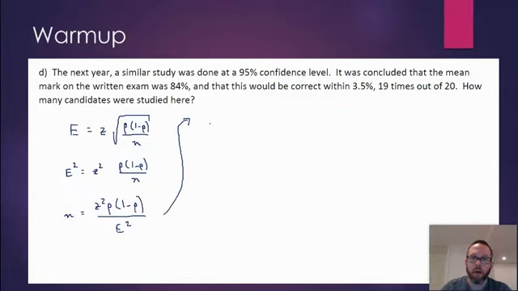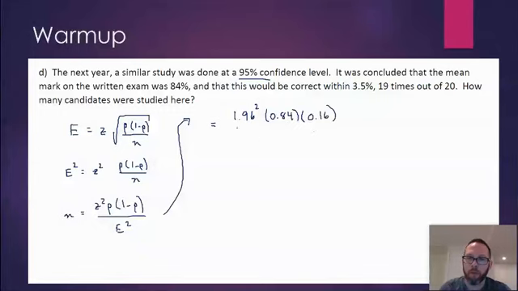What do we get for this problem? For a 95% confidence level, the Z score we used was, double check this too, 1.96. So 1.96 squared. Our P was, in this case, 0.84, making 1 minus P 16% or 0.16.